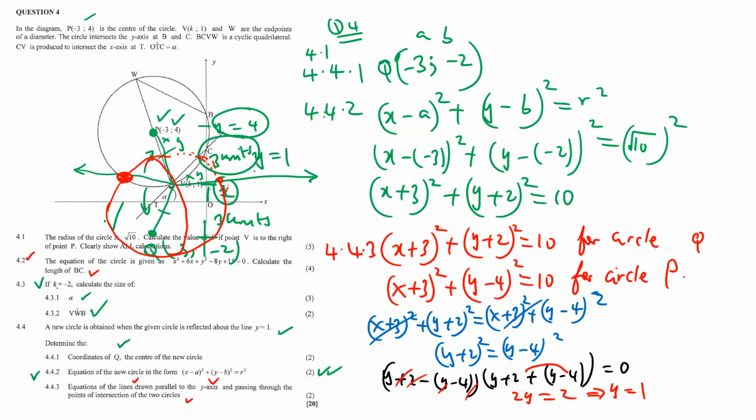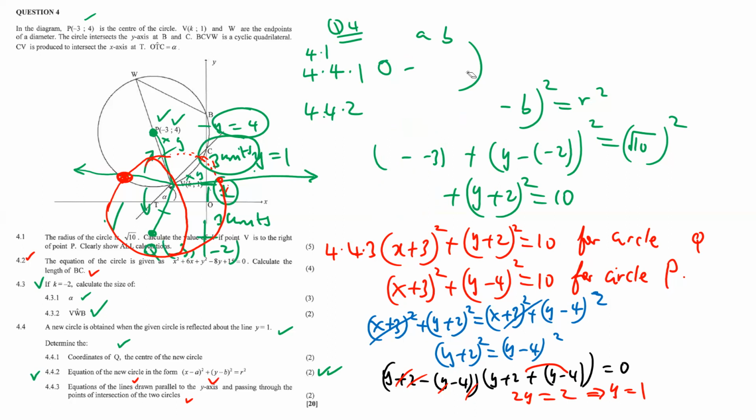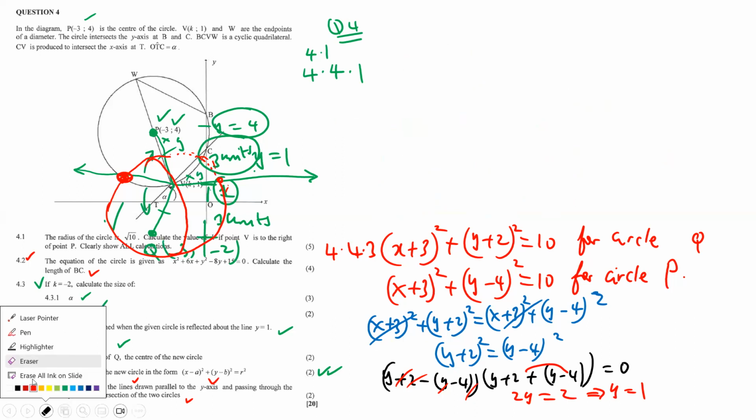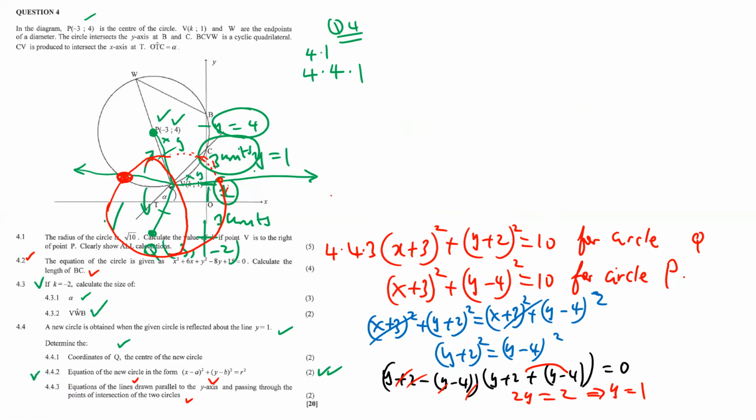Let's check. So I erase this one and I continue to solve. Okay, look at this particular question. We're able to see interesting patterns of reasoning. We have seen that they intersect at y equals 1.